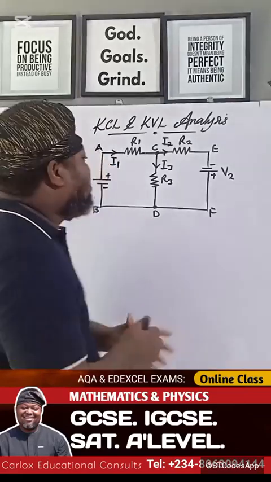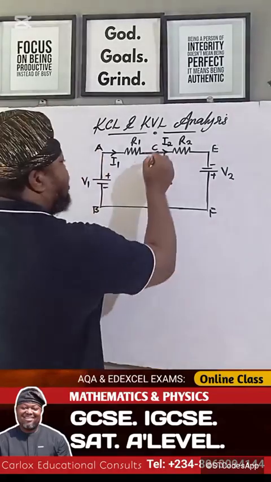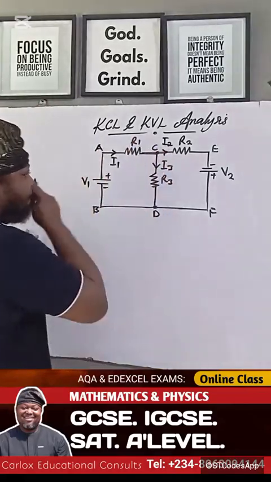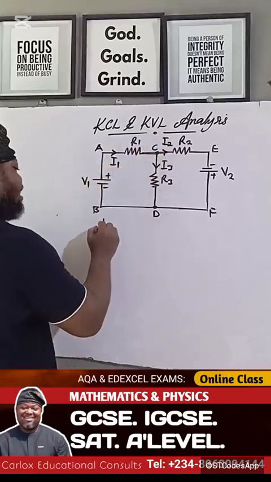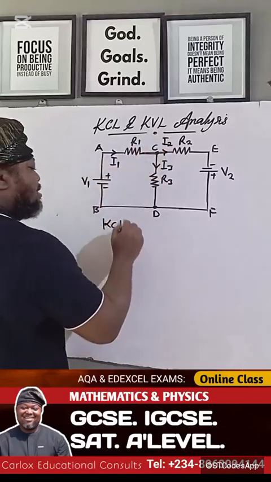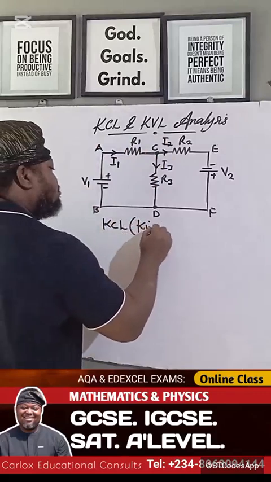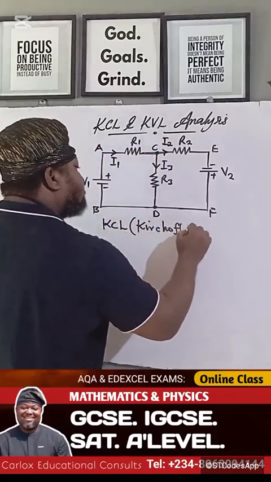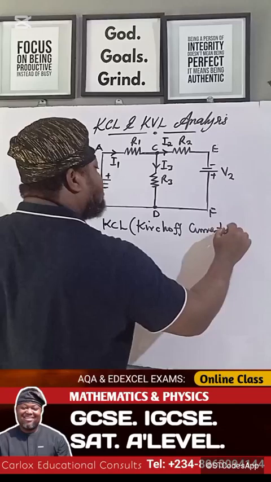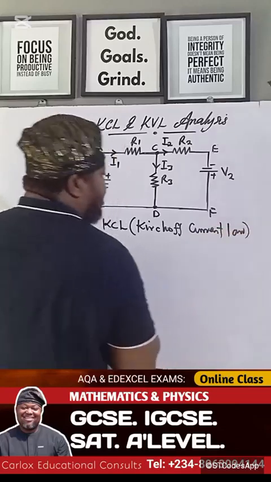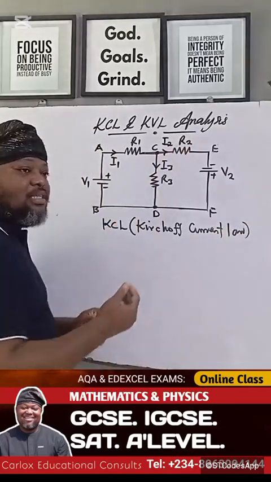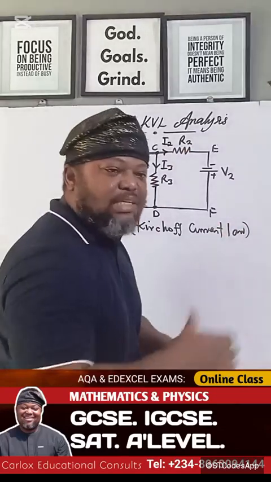So let's go. From KCL, let's look at the board, at this node here, the junction here. KCL means Kirchhoff current law. KCL is the sum total of current that enters a node and leaves the node.